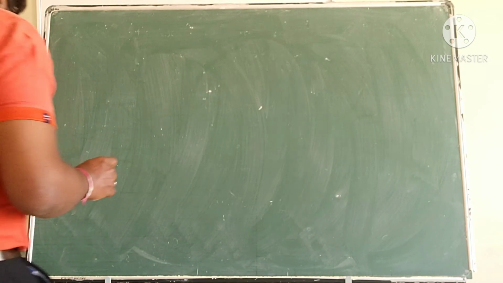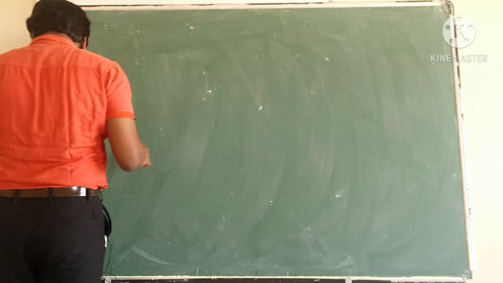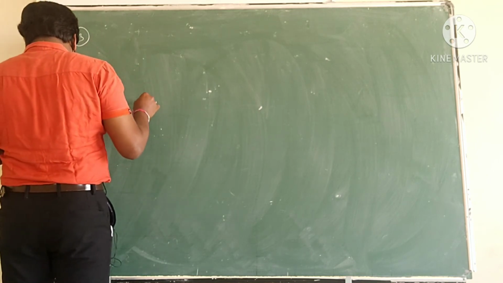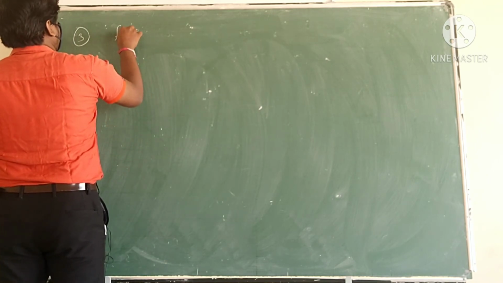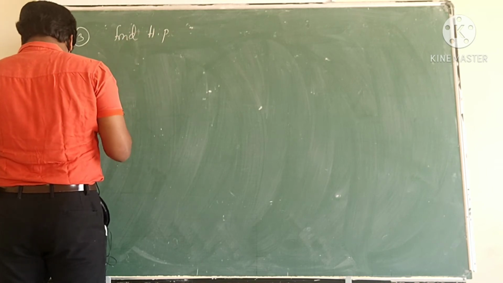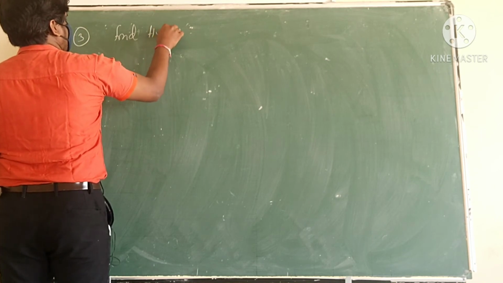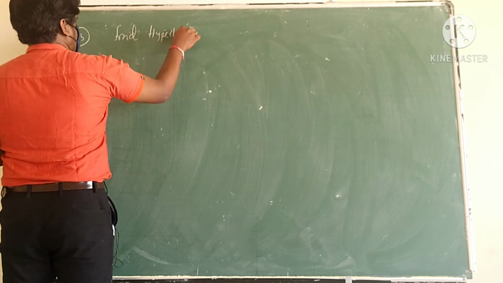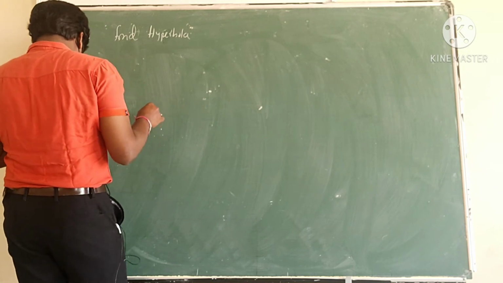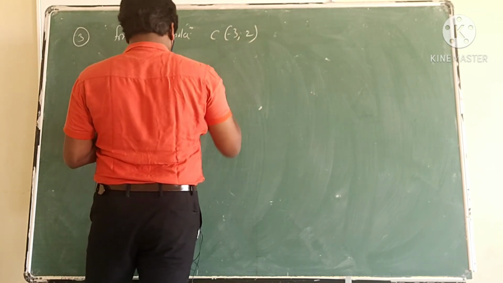The next question. Question number 3. Write down. Find the hyperbola. These are recent questions, okay? Find the hyperbola whose center is minus 3 comma 2.